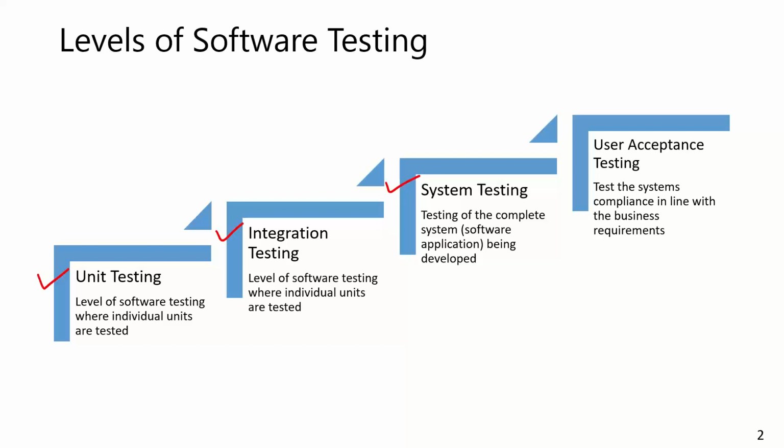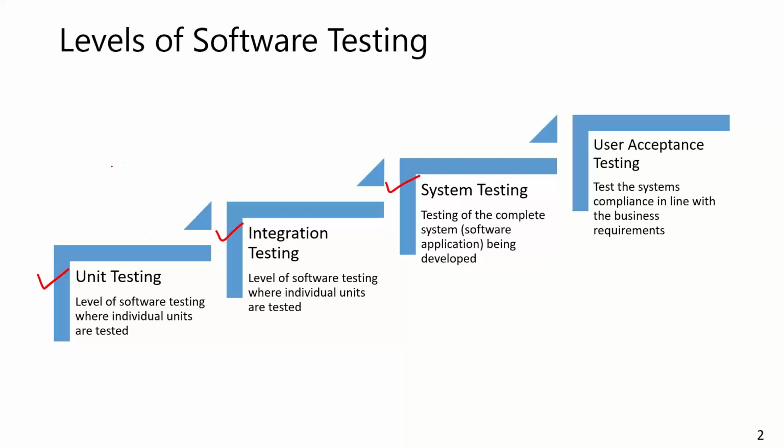It is the testing of the complete software which is being developed. All the modules are integrated and the functionalities are tested to ensure that the entire system as a whole works in line with the business requirement.